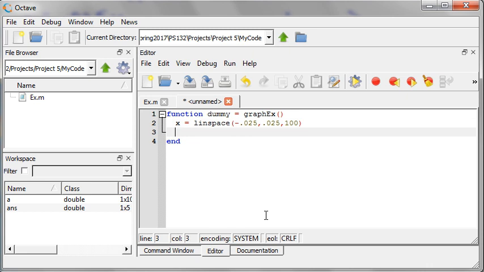And then probably E underscore X equals EX of X. And plot X comma E underscore X. And I think I'll put some semicolons there so it's not printing out 100 values.